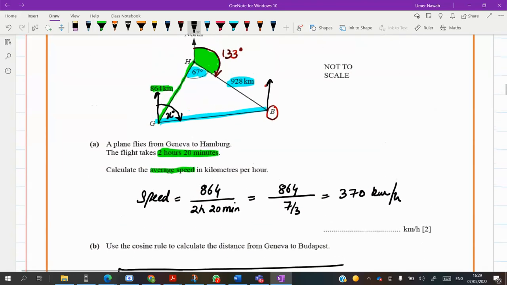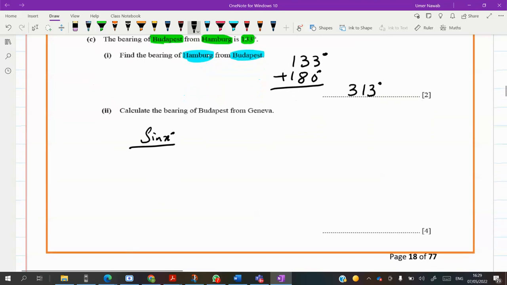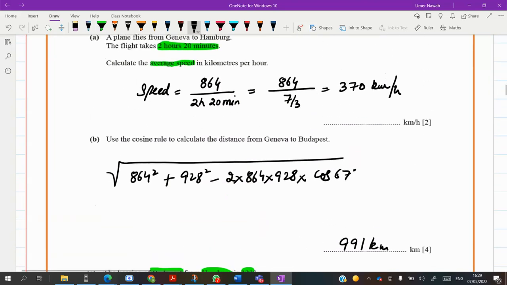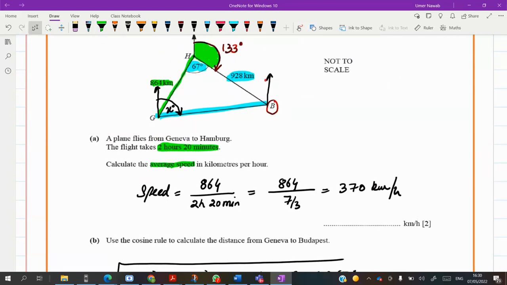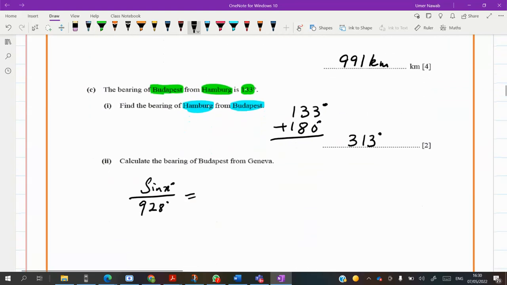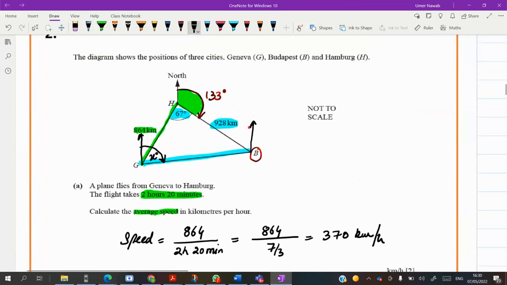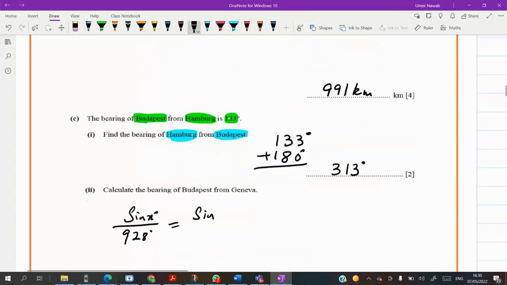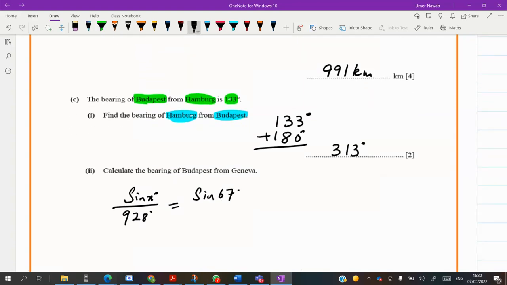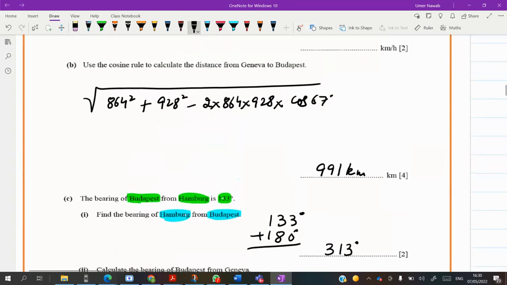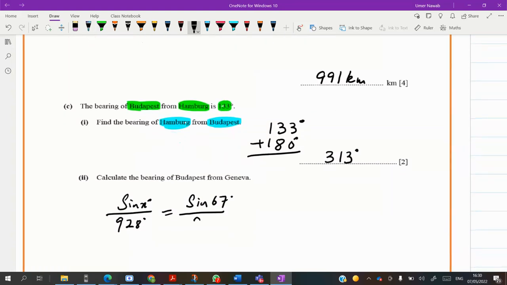So I'm going to write sine x over 928. It should be the same as sine 67 over GB. GB was 991. Let's try to get the angle x.